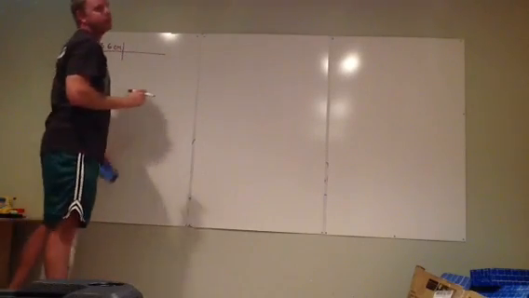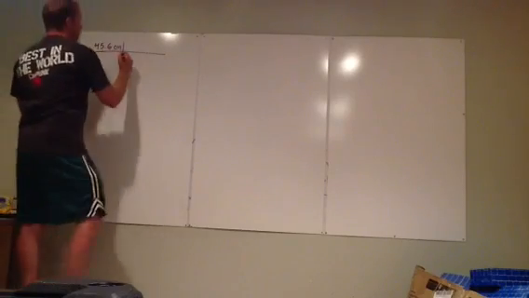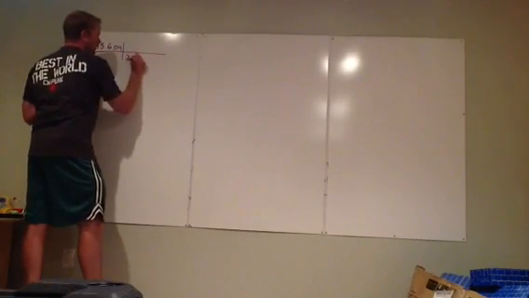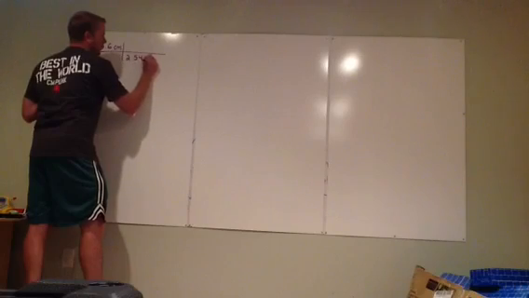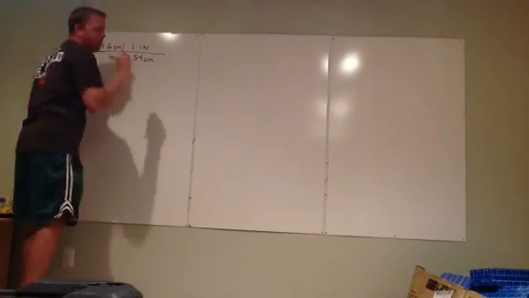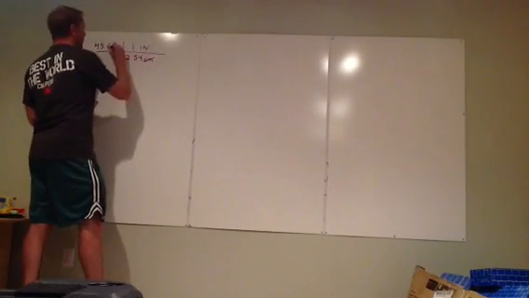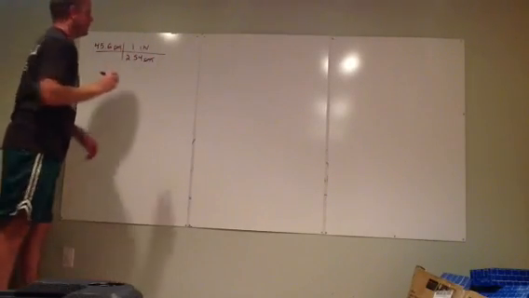Now, on the conversions chart that you have in your packets, you would find 2.54 centimeters is equivalent to 1 inch. Remember, with dimensional analysis problems, we always want to cancel. So centimeters cancels centimeters here.